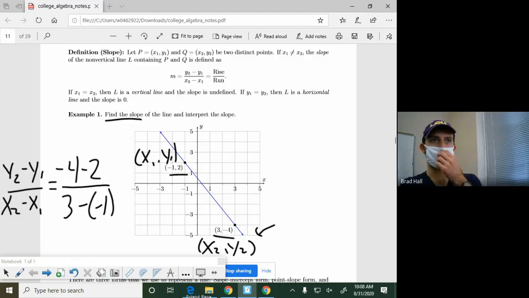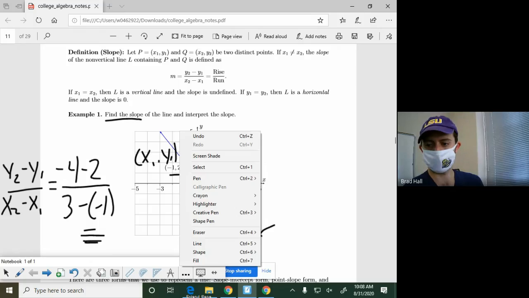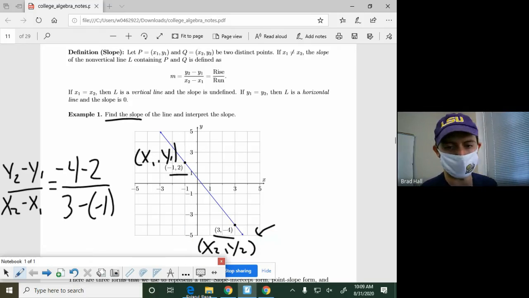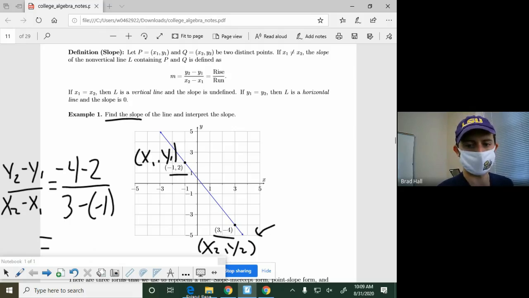There's minus signs in the formula already, so we do have to keep those, whether the value is negative or positive. And we have to add another negative if the value has a negative sign already, like that minus -1 down here. But from there, it's just a matter of simplifying. -4 minus 2 is -6. 3 minus -1 is 4.